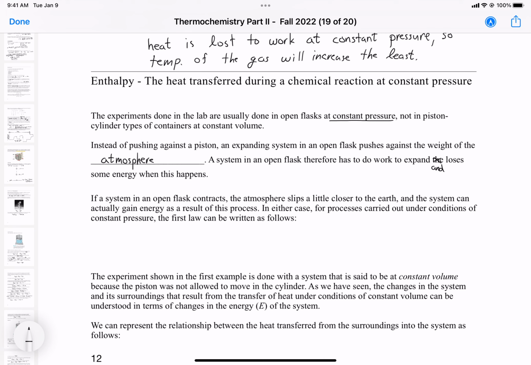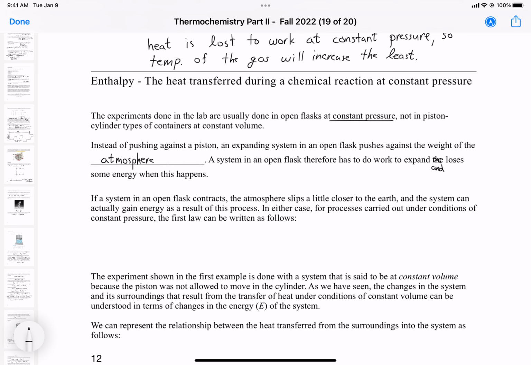Okay, so not all the energy is going to be converted to heating up the sample, right? So whatever the products release some energy, and that will do work to expand and push against the weight of the atmosphere. Okay.